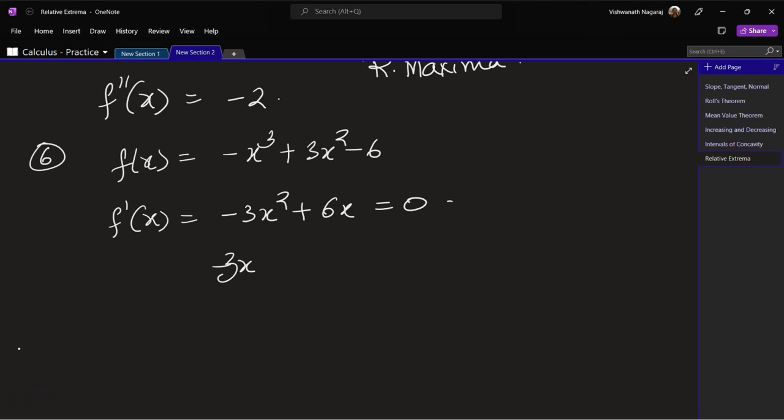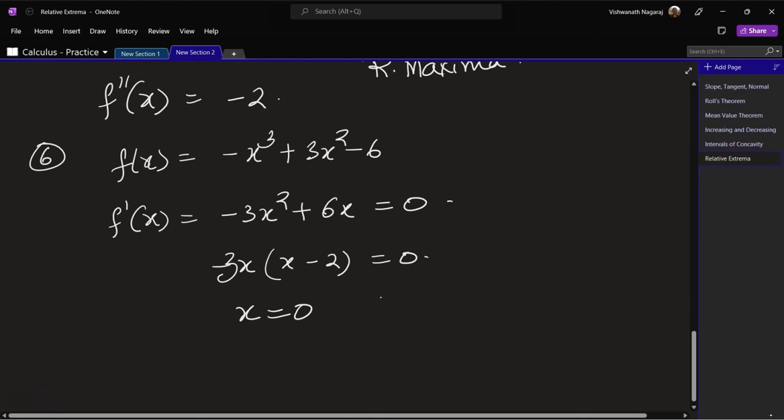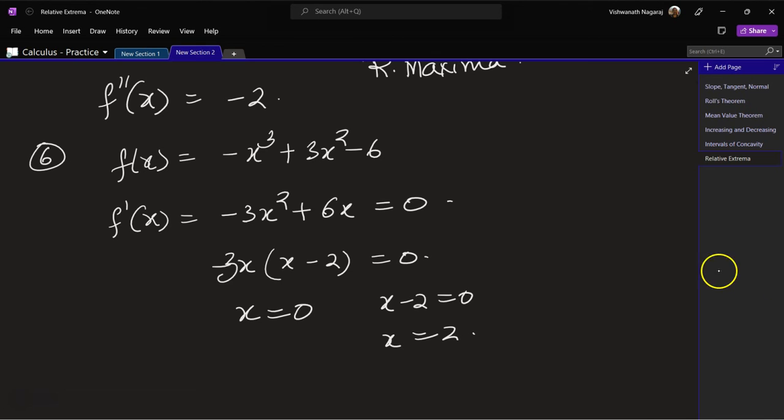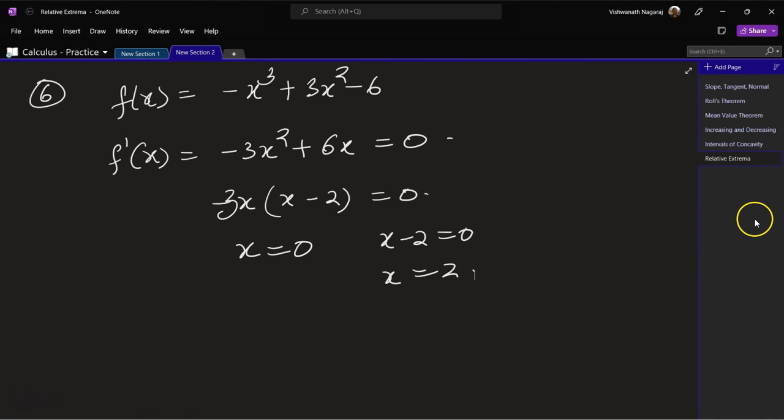We can take 3 also out. So we are left with x minus 2 equal to 0, which tells us x is equal to 0 and x minus 2 equal to 0, which means x equal to 2. So that means we have 2 points at which we have the slope as 0. So let's take it one by one.